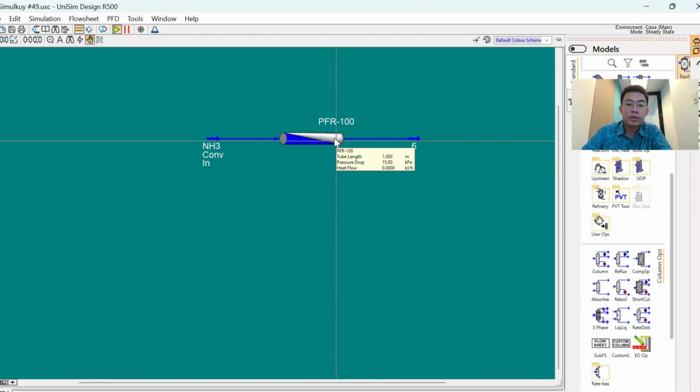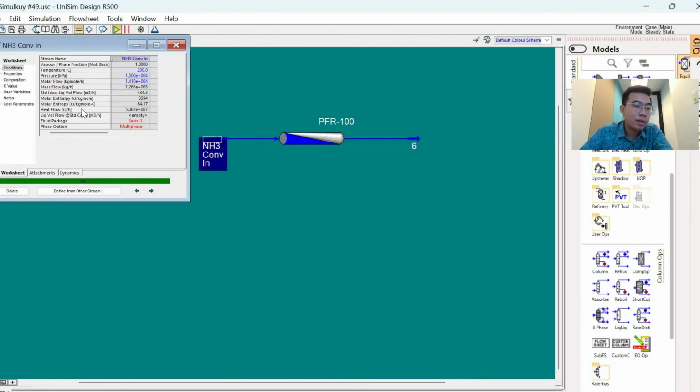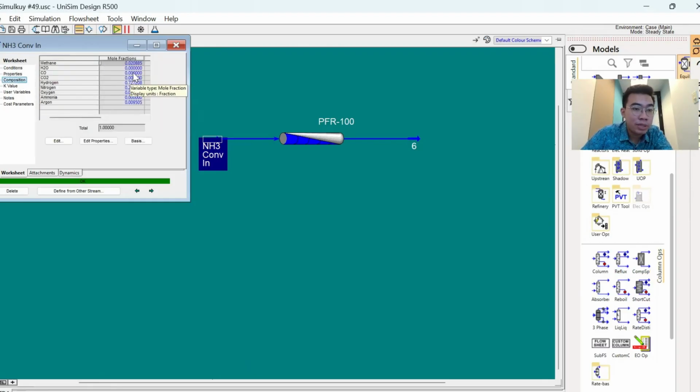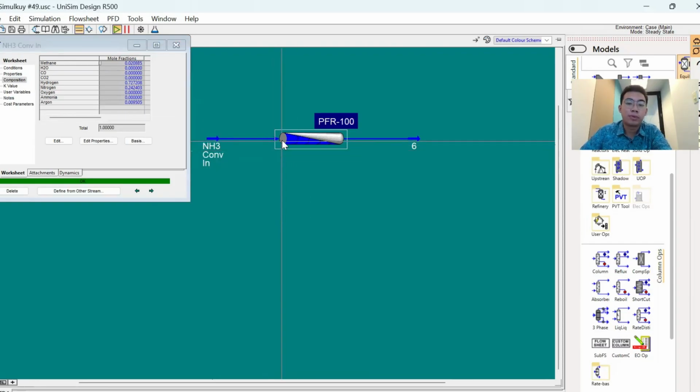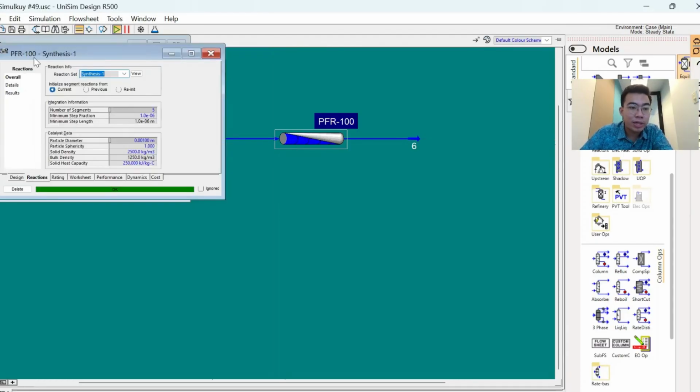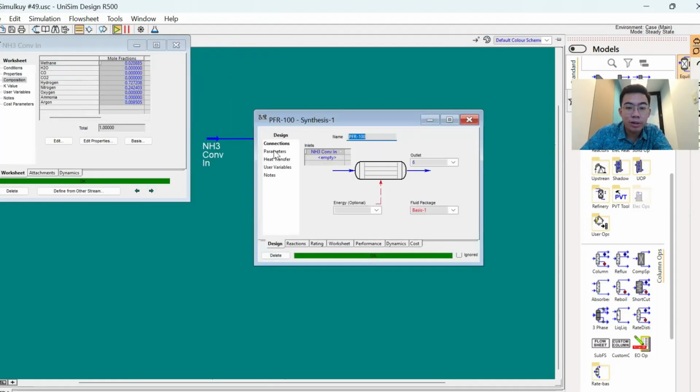First of all, we have this feed at 200 Celsius, at 150 bar, with the molar flow of 14. This is my composition; you could take a screenshot and do it in your case file. For my reactor, this is my starting point.